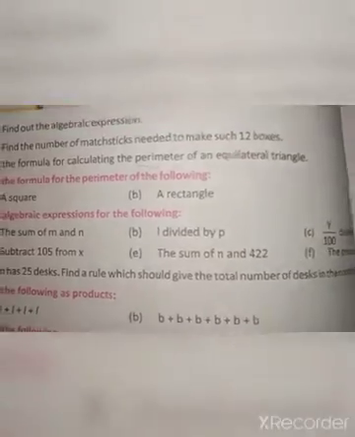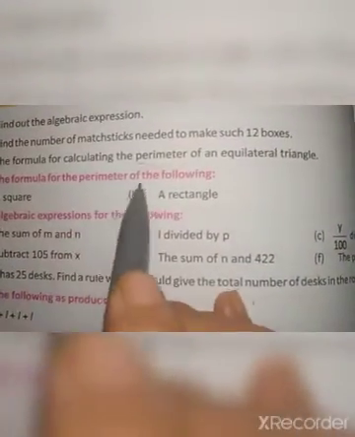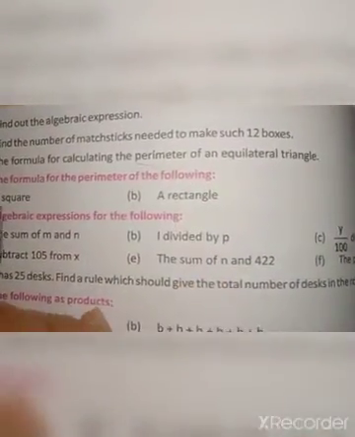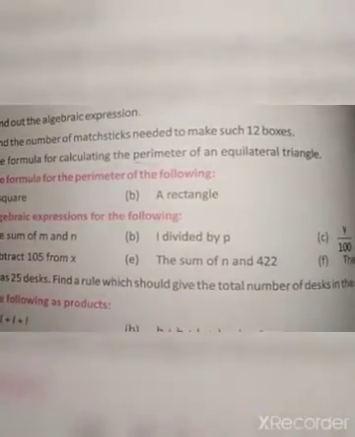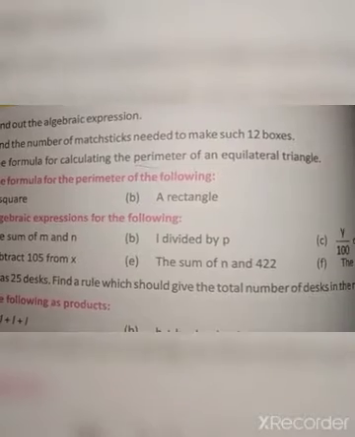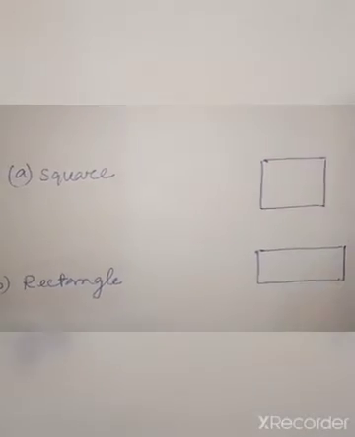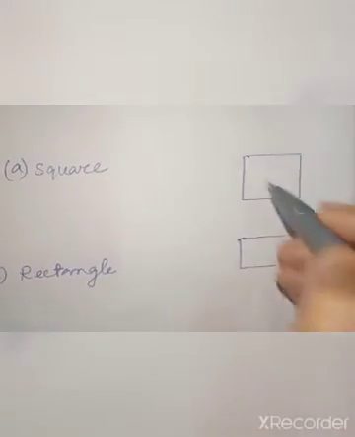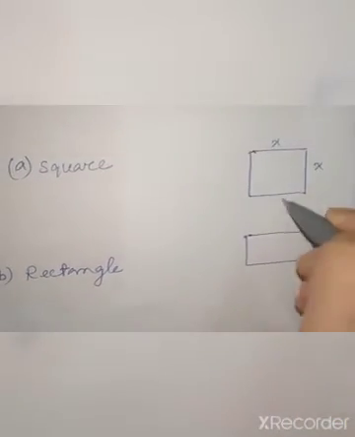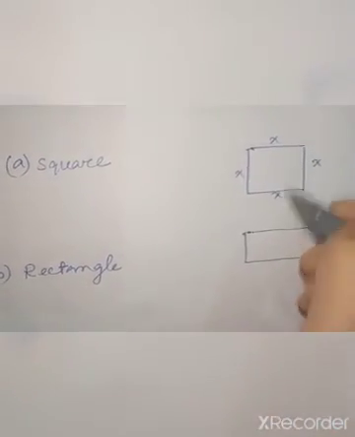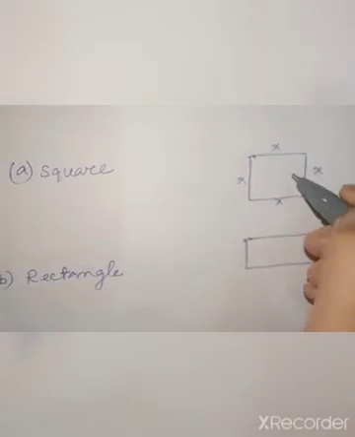Then question number 3, write the formula for the perimeter of the following: square and rectangle. All of you know the formula of square. So what is the perimeter of square? So all of you know square means all 4 sides are equal. So I have put here x, x, x and x. As all sides are equal, so all are x. Okay.